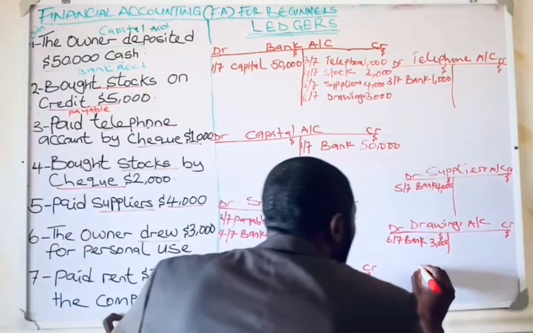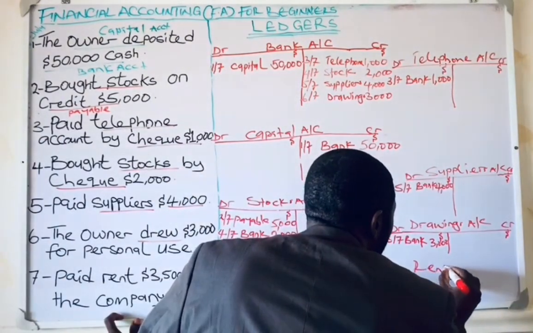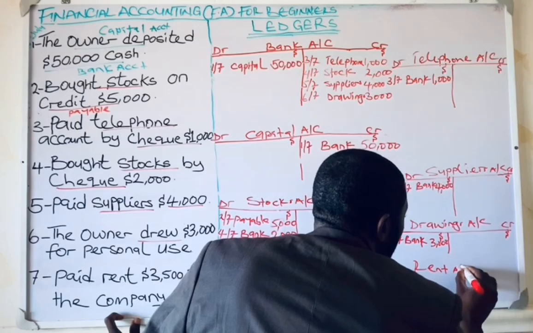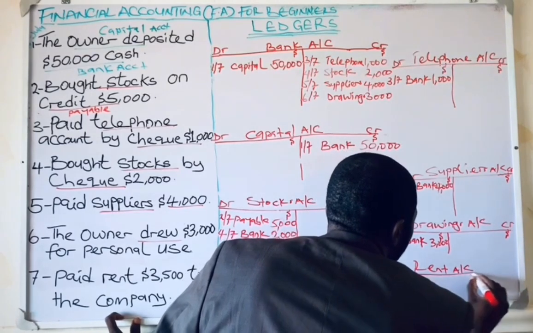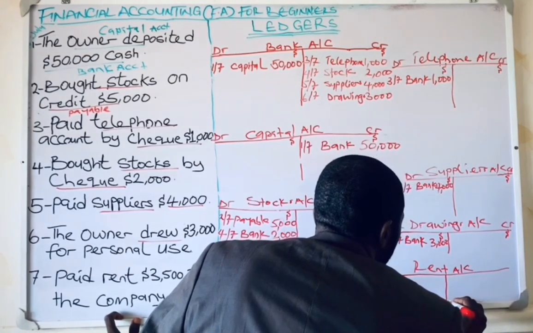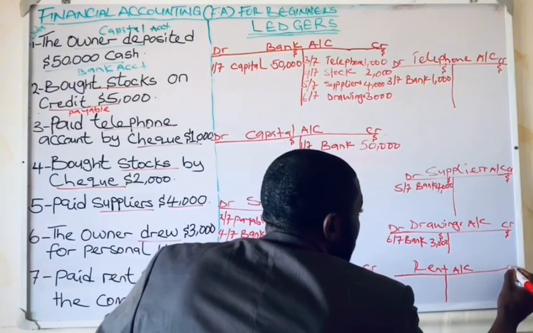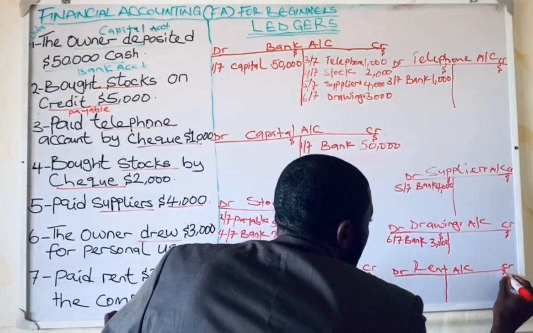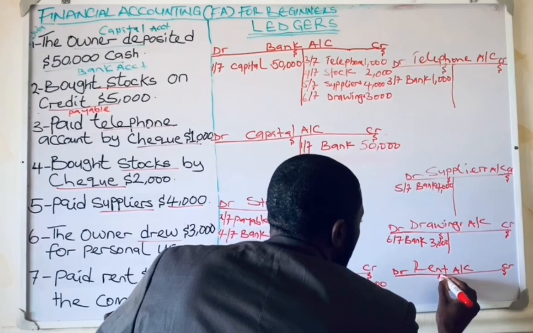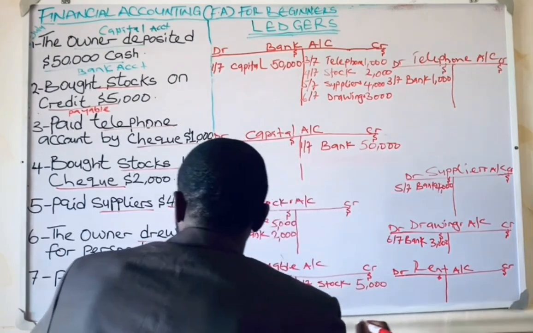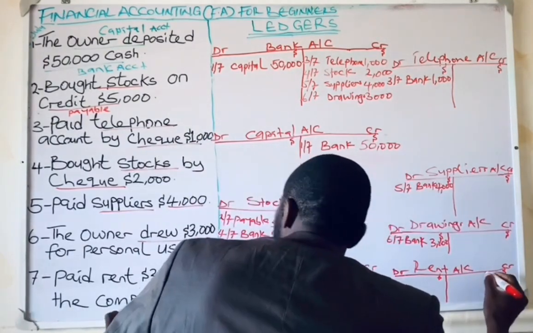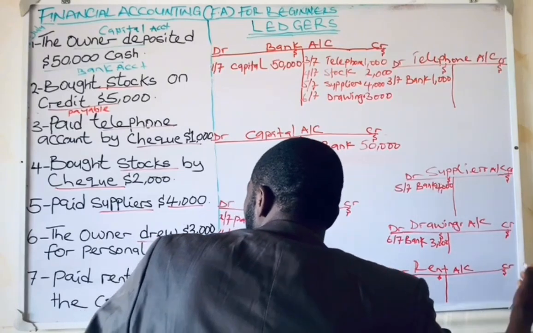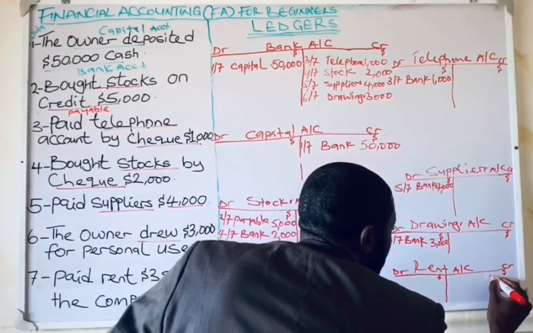So we must open our rent account, with credit and debit sides and currency. So this is rental income. We credit his rental. Rental is going $3,500.